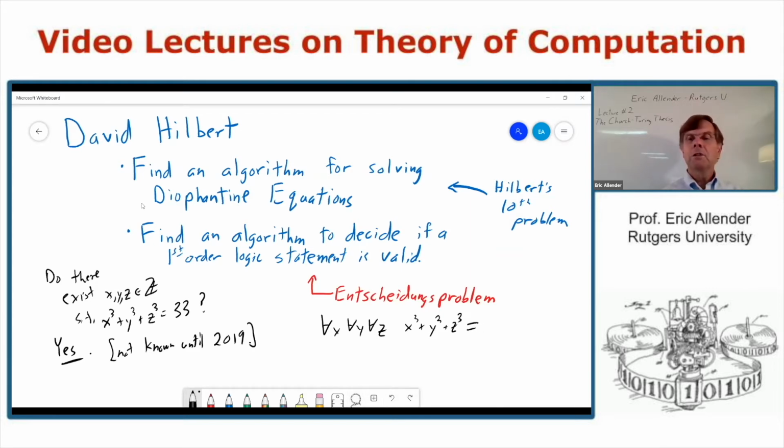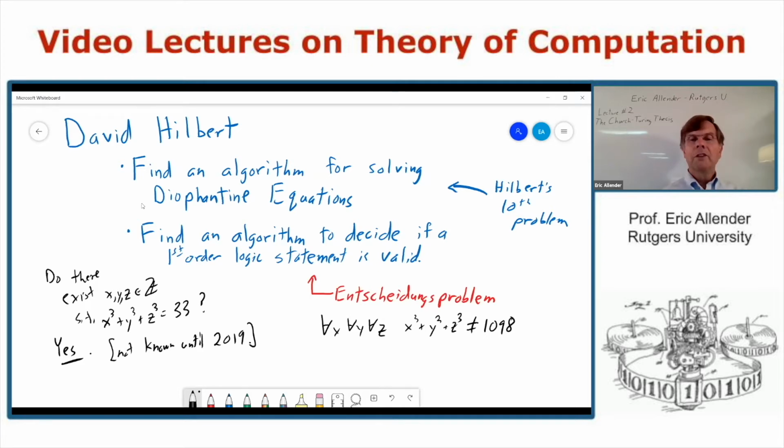But let's say that you had some other number, like 1098. Maybe x, y, and z exist. Maybe they don't. These are actually very simple examples of Diophantine equations. They're just multivariate equations with integer coefficients.